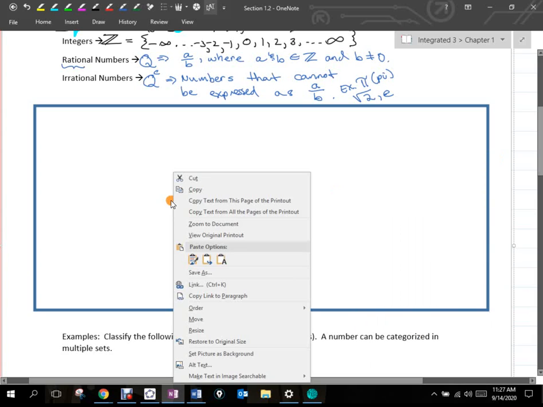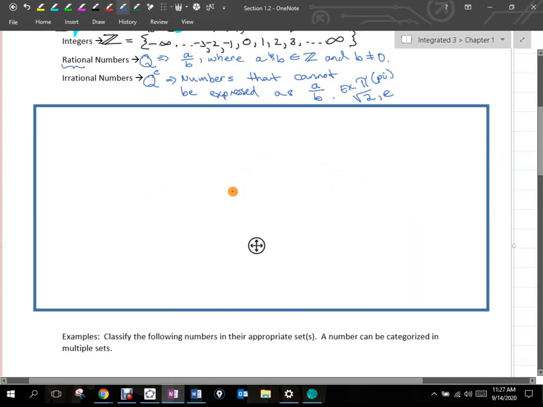Okay, so I'm going to draw a little bubble here, and I'll put natural numbers in it. So anything that I put in that bubble, eventually I'll put a dot in there. That dot represents what we call a natural number.